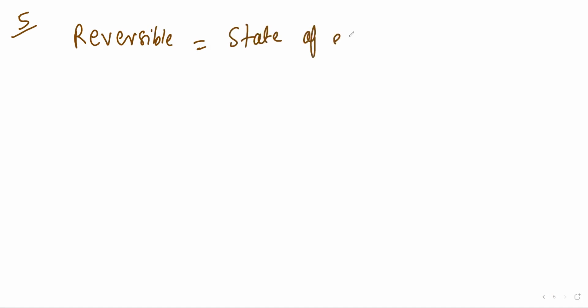Now look at question number 5. Which of the following statements is correct for a reversible process in a state of equilibrium? So it is talking about a reversible reaction in a state of equilibrium. See the mathematical expression for equilibrium and how it is related to the standard Gibbs free energy.